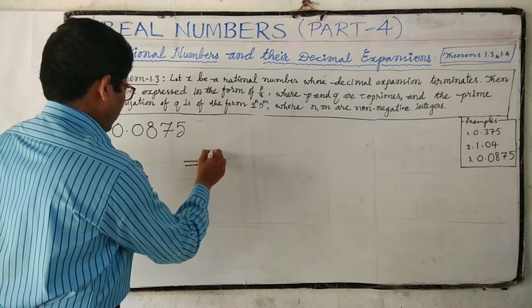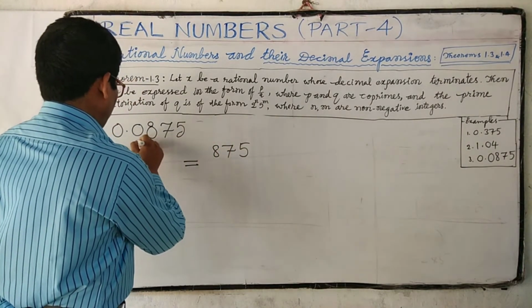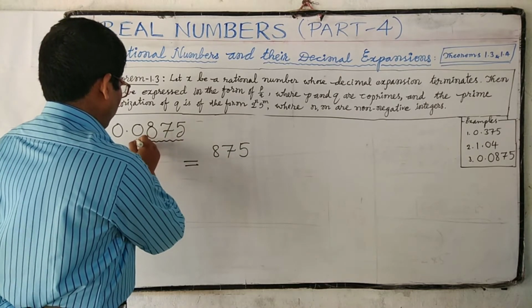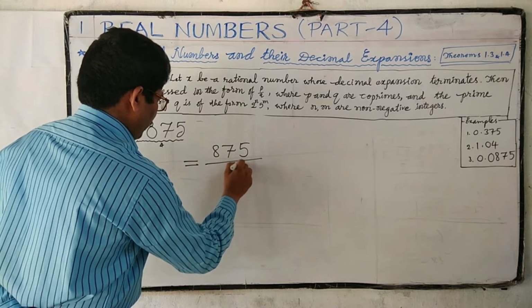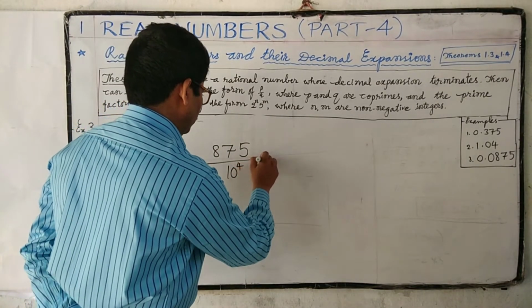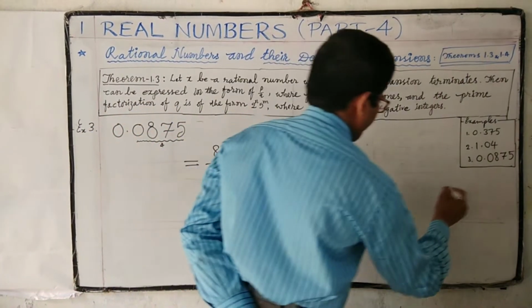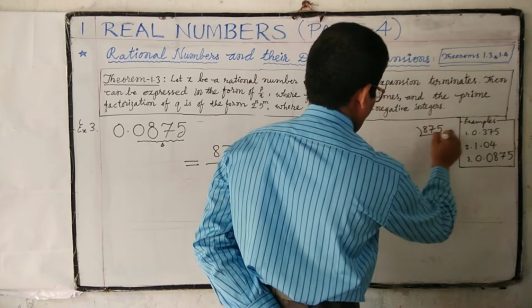That's why we write 875 by 10 to the power of 4.